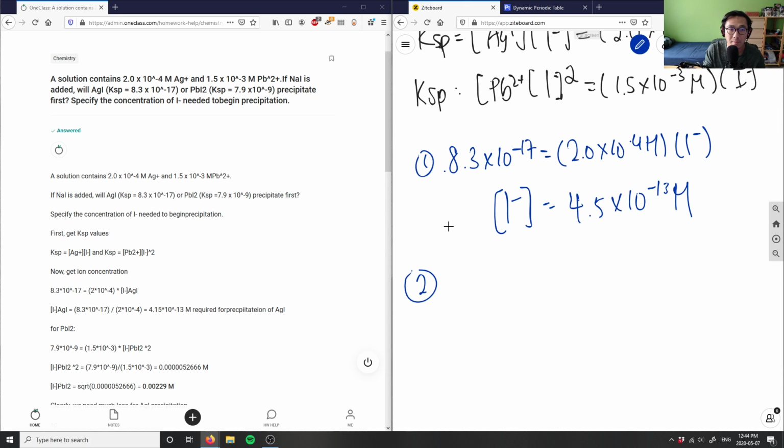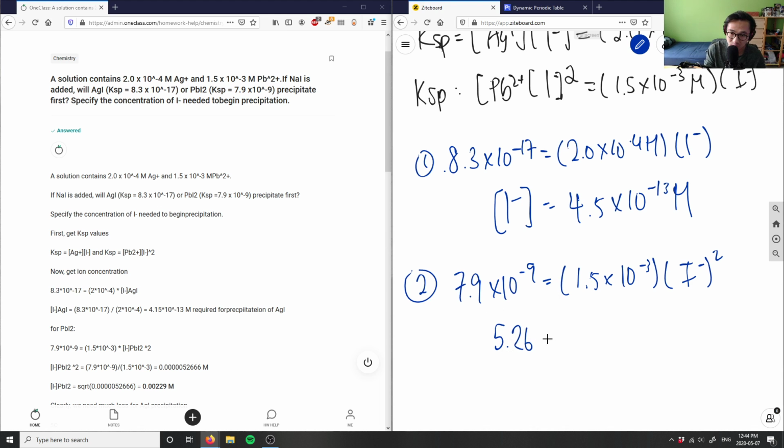And then for number 2, the KSP of lead iodide, which is 7.9 times 10 to the negative 9, will equal our concentration of lead, which is 1.5 times 10 to the negative 3, times I- to the power of 2, right? Again, I would divide both sides by 1.5 times 10 to the negative 3, and I would get 7.9 times 10 to the negative 9 divided by 1.5 times 10 to the negative 3, which is about 5.267 times 10 to the negative 6, equals I- squared.